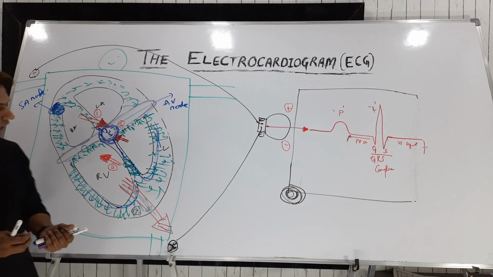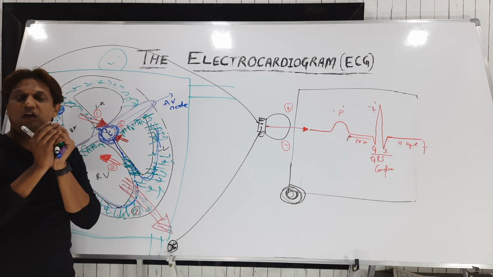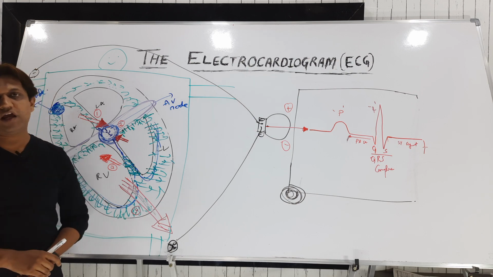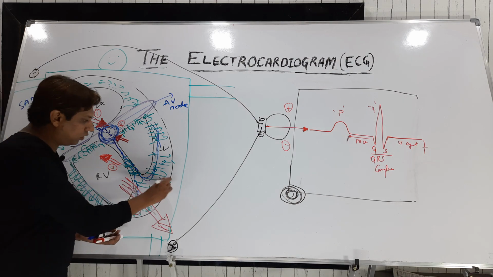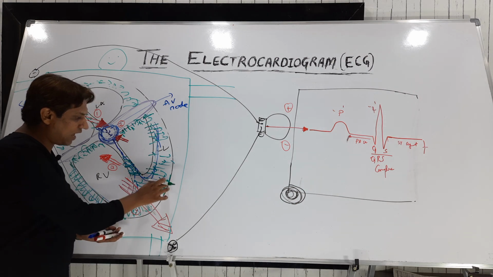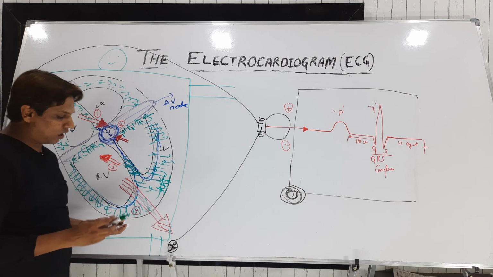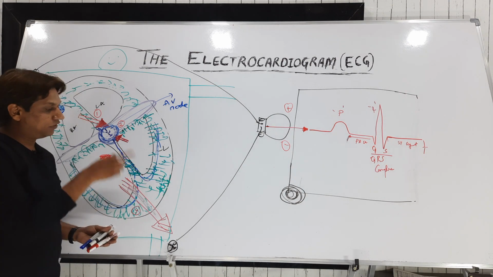Remember one rule: the part of the ventricle which is depolarized last is the first to repolarize. Suppose the outer portion of the ventricular muscle is the last to depolarize.